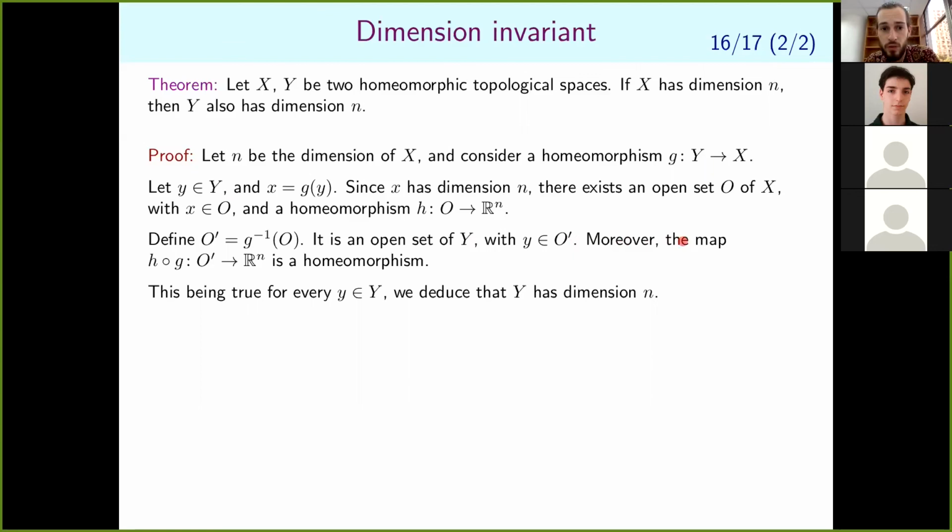So I can consider this composition, H circle G. This is a map from the open set O prime to Rn, which is a homeomorphism. So locally around y, it looks like Rn, and this is true for every y, so Y has dimension n globally.